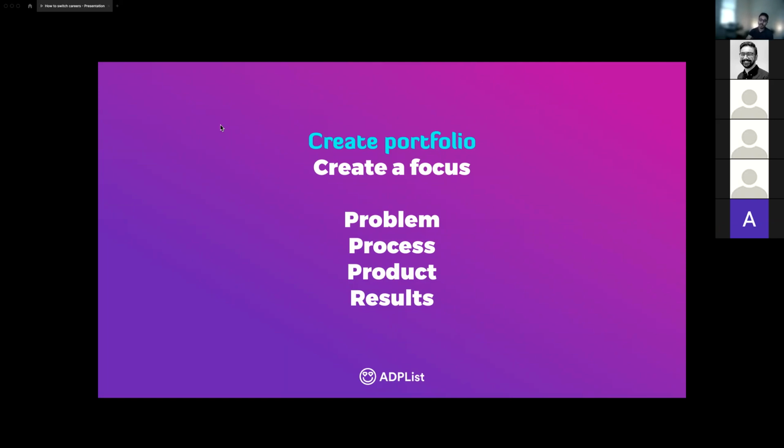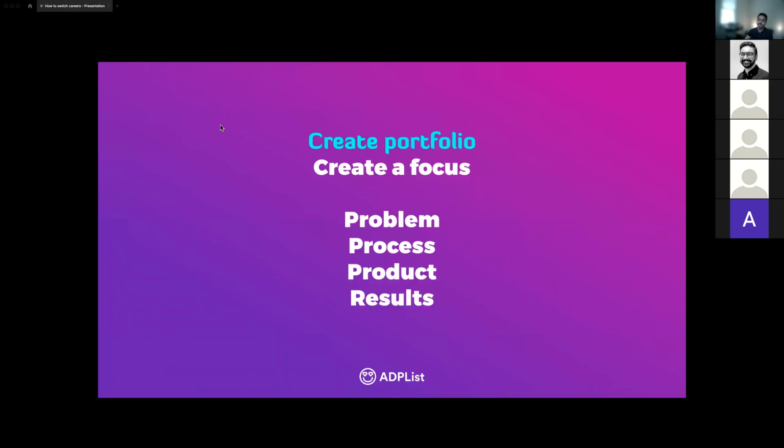Let's say that you're a musician, a baker, a photographer, a wedding planner, and you also want to be a UX designer. It might be confusing for a recruiter to look at your UX portfolio if you list your wedding planning services and your music services, because it's not really what they're looking for.